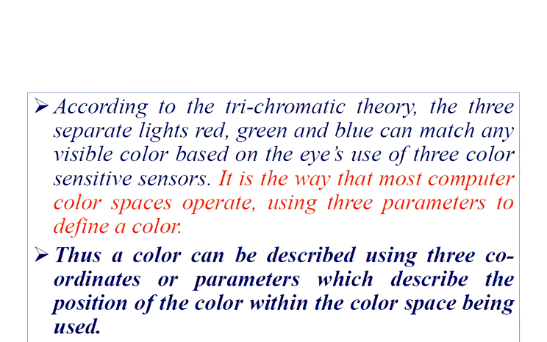It is the way that most computer color spaces operate, using three parameters to define a color. So a color can be described using three coordinates or parameters which describe the position of the color within the color space being used. That's our color space and its relation with respect to color.